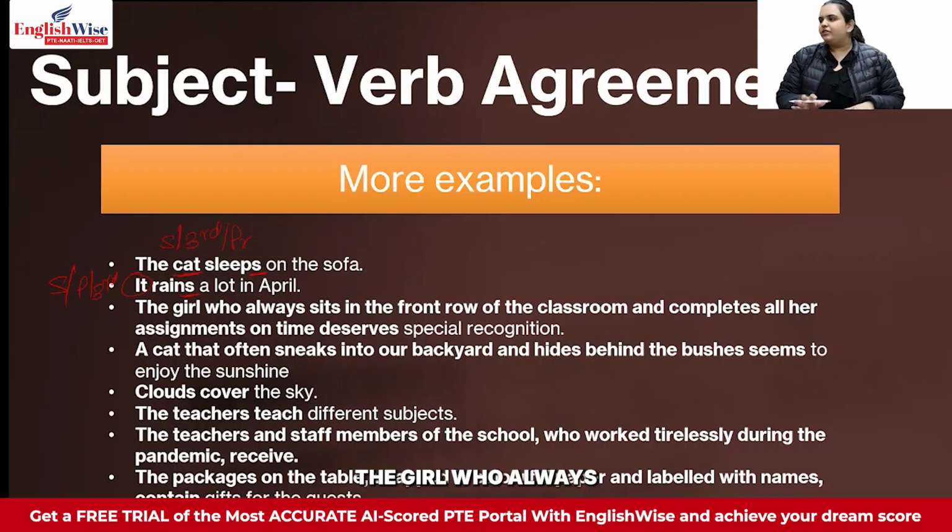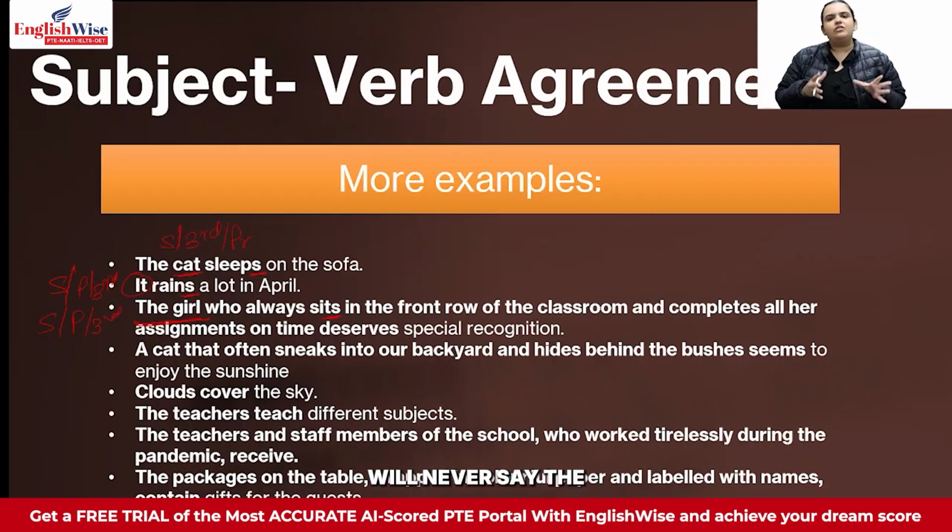The girl who always sits in the front of the row of the classroom and completes all her assignments on time deserves special recognition. Now we are talking about some random girl. Okay, again this girl is singular because we are only talking about one girl. This is a present tense sentence and the girl is in third person. So she always sits.